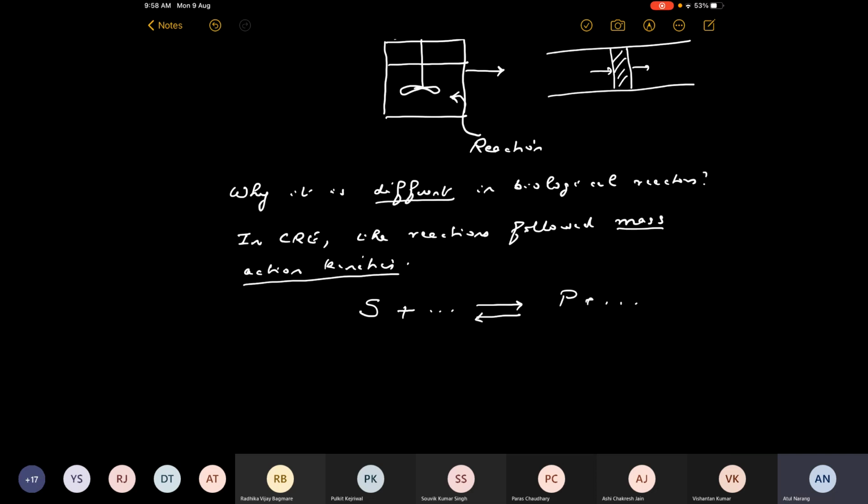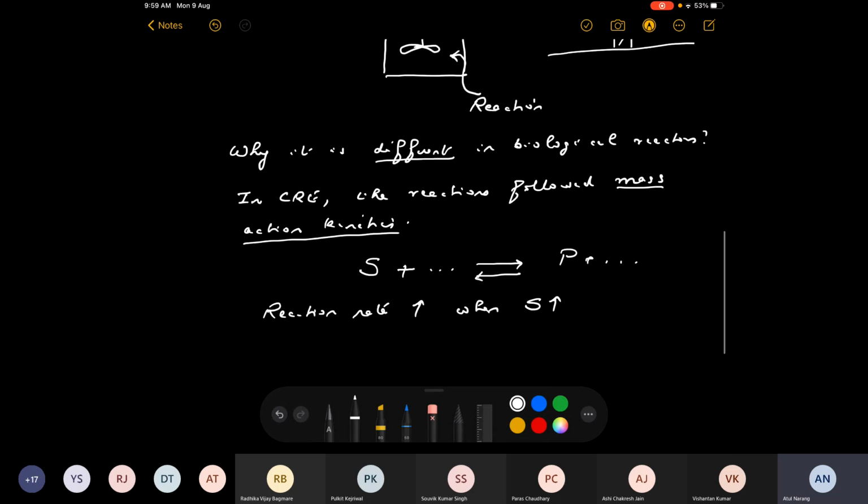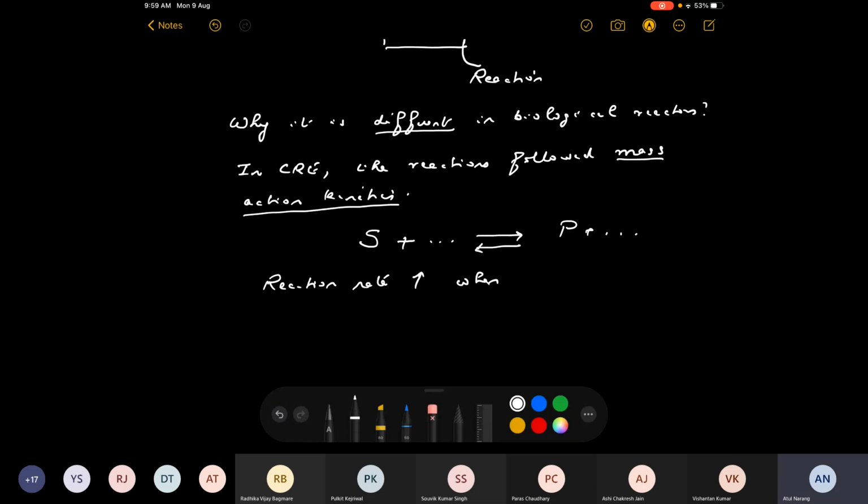The reaction is reversible. And in what you have done so far in CRE, the main point is that the reaction rate increases when the reactant concentration S increases, and the reaction rate decreases when the product concentration increases.